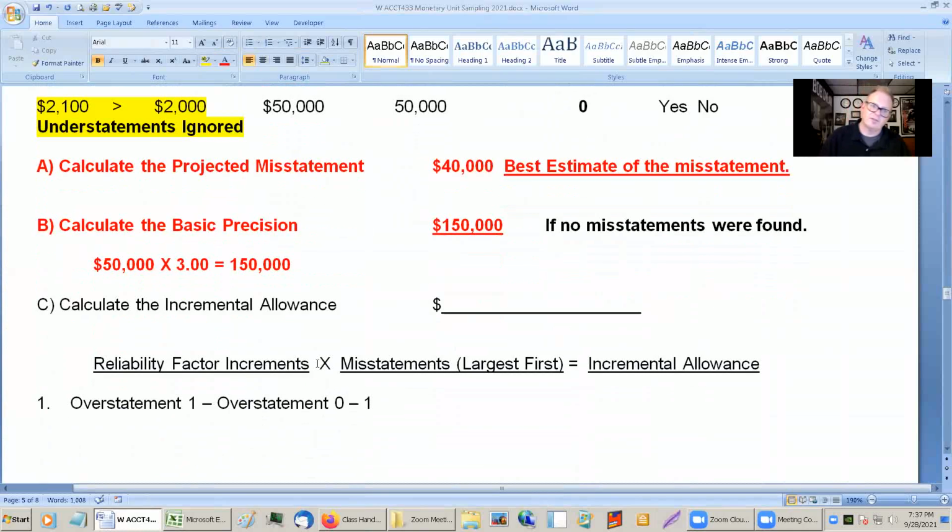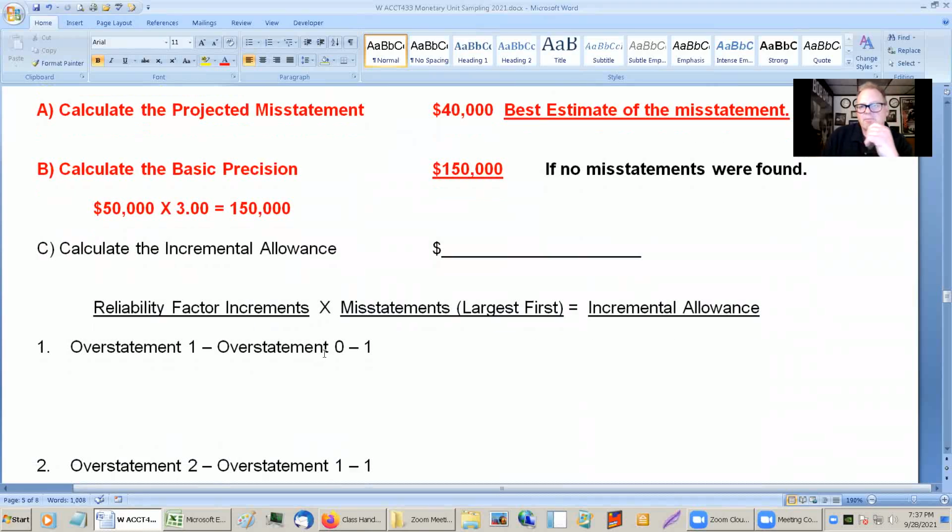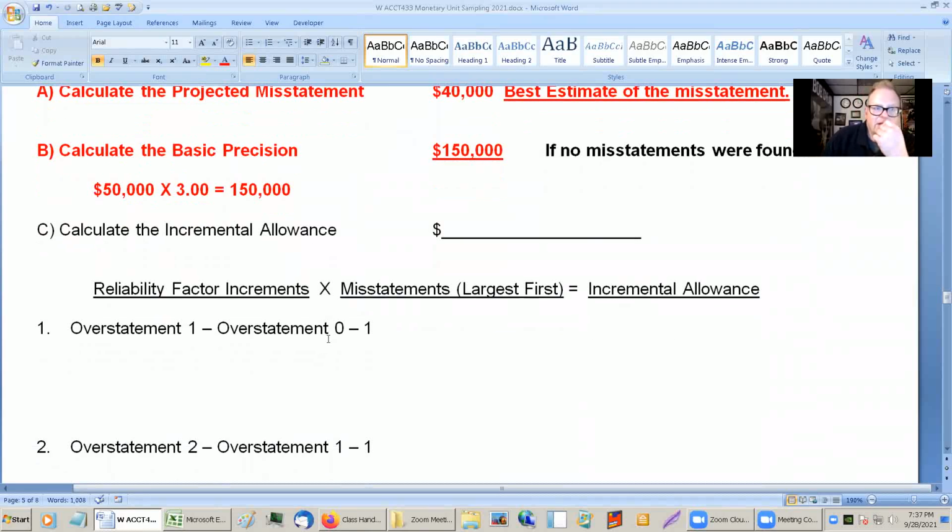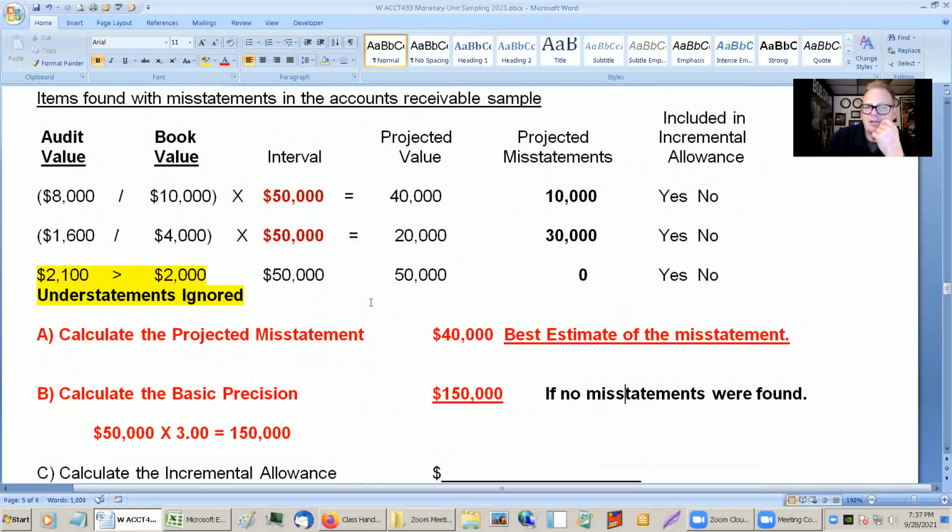Incremental allowance. Incremental allowance is this. If there's an error, that leaves open the possibility that there's more errors, right? It shows that it's possible to have errors. And also, the size of the errors matters.